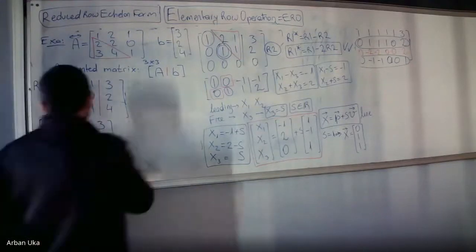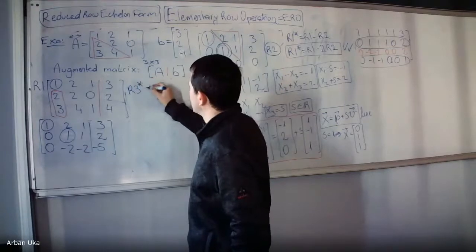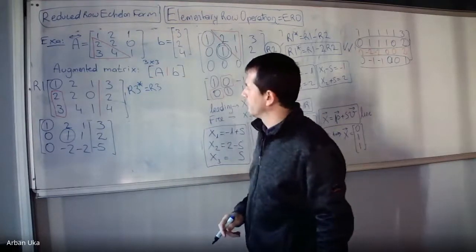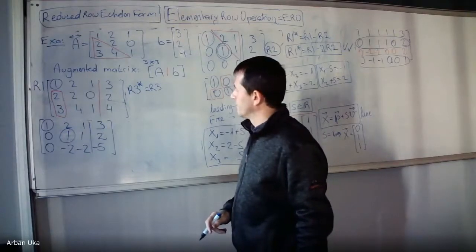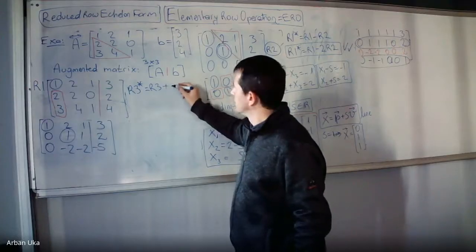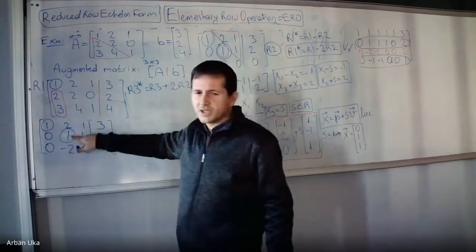So what should be the next equation? Can you help me here? Row 3 star is equal to row 3 plus 2 row 2. Exactly, plus 2 row 2. So it's minus 2 plus 2, that's 0.